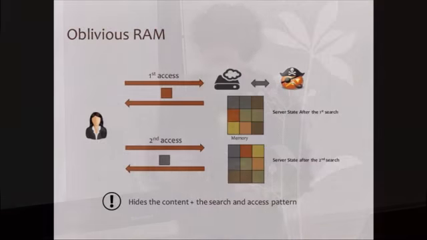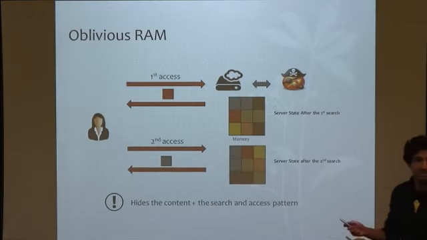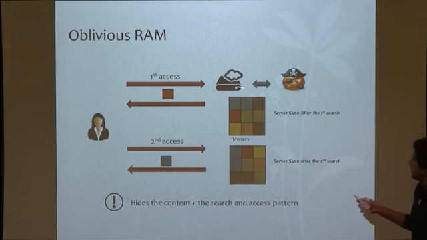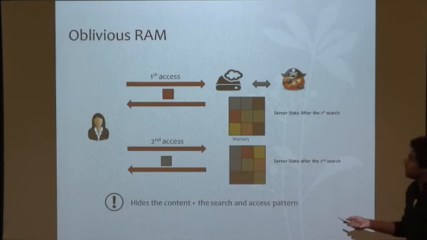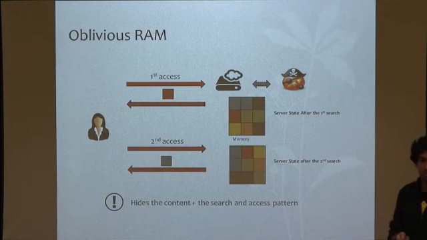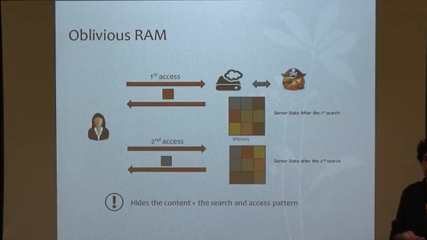So I will begin by giving you a very high-level idea of what Oblivious RAM is. When a user stores his encrypted data, just imagine the encrypted data are blocks in the server. When a user accesses one block, these blocks are encrypted, of course, so he will retrieve the intended block.